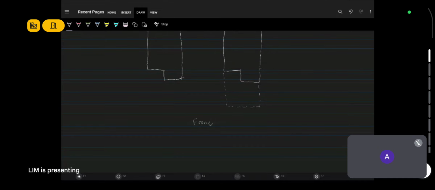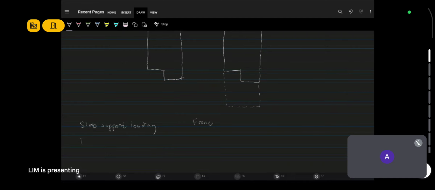Let me write it here. The slab supports the loading directly. You can say directly. In a normal building, the slab supports the loading.